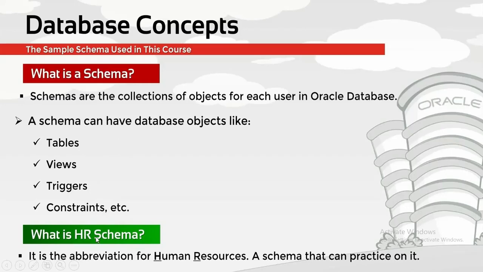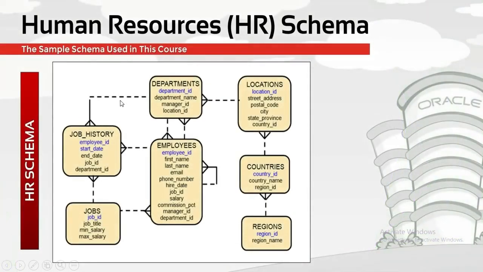So what is the HR schema? For example, HR is one schema. It is an abbreviation for human resources, a schema that you can practice on. For practicing purposes, we use the HR schema. This is an example model of the HR schema, representing one schema pattern.